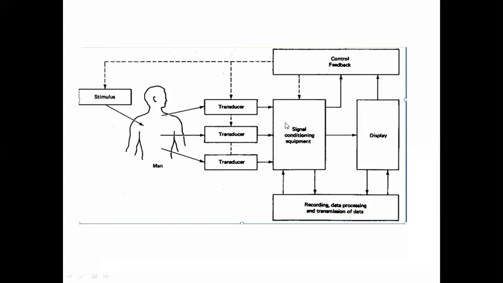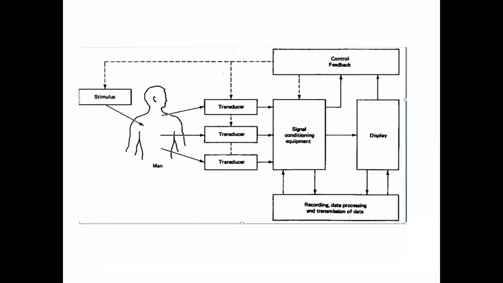The main purpose is that the generated input signal has very small values, in terms of millivolts and milliamperes. The signals from the transducers are small values, millivolts or milliamperes.